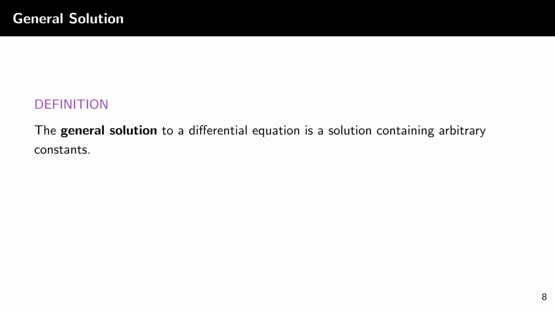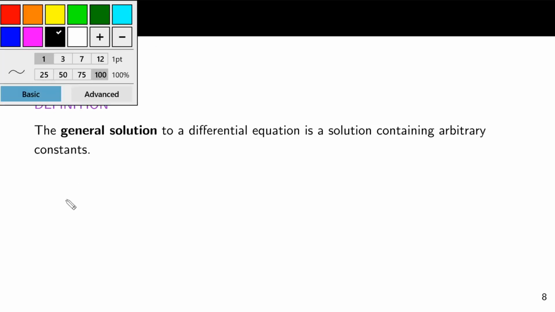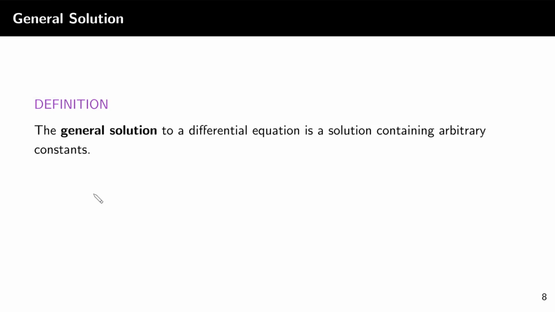So dun sa example natin kanina, if you recall, nung sinolve natin yung problem involving rectilinear motion, ang nakuha nating position function rather, is s of t equals negative gt squared over 2 plus c sub 1 t plus c sub 2.